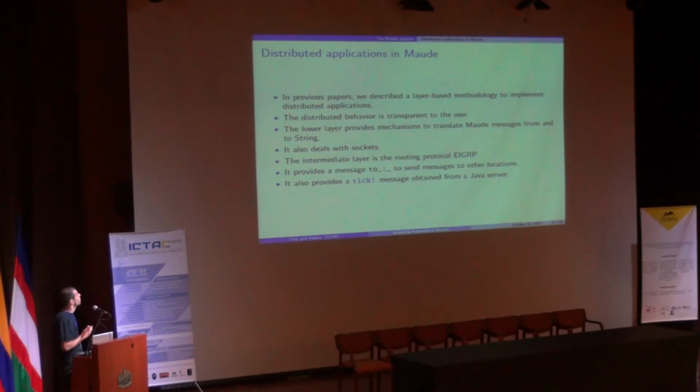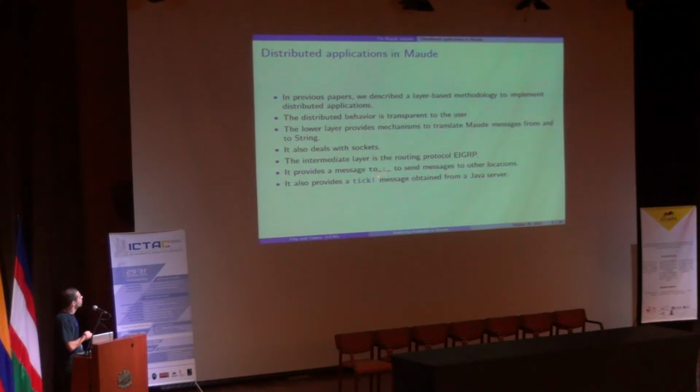First of all, distributed specifications in Maude are built using sockets, but it's not very realistic to use this high-level protocol and go into the details of the sockets to define the application. So we use a protocol that we specified some years ago, the enhanced interior gateway routing protocol, which provides messages of this form, where underscores are placeholders.